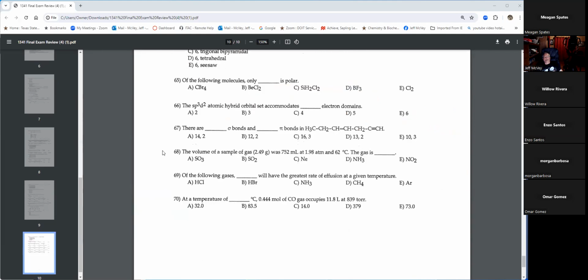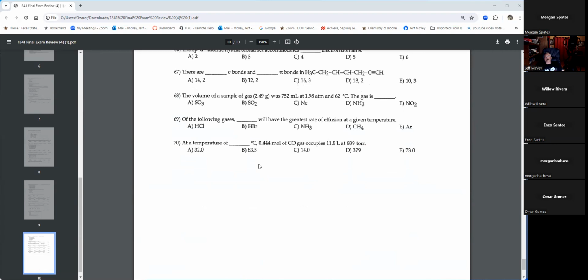All right. Oh, 67, sigma and pi bonds. Guys, this is the easy one, but we're going to redraw it a little bit, because I know stuff like this bugs you guys. But it's really simple.